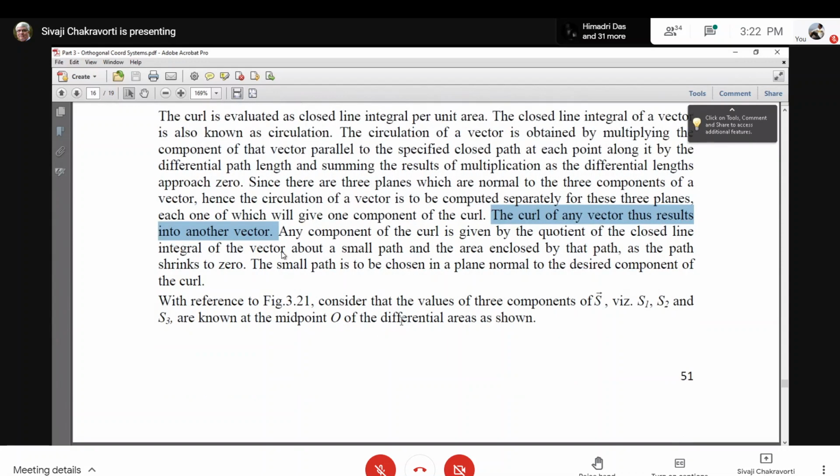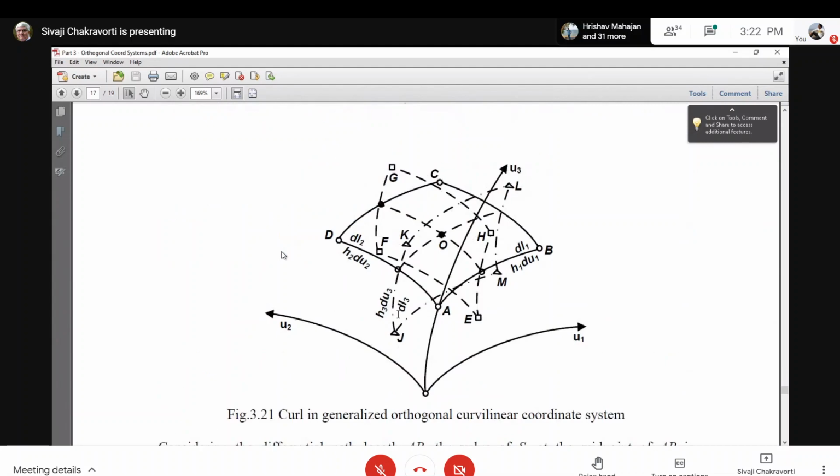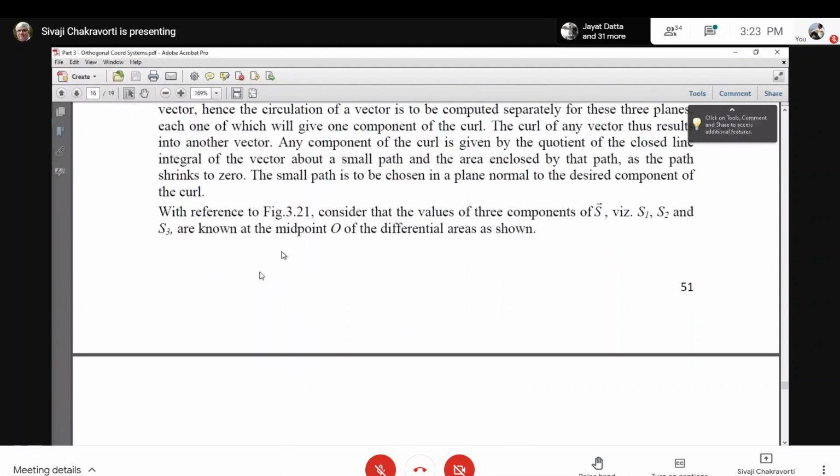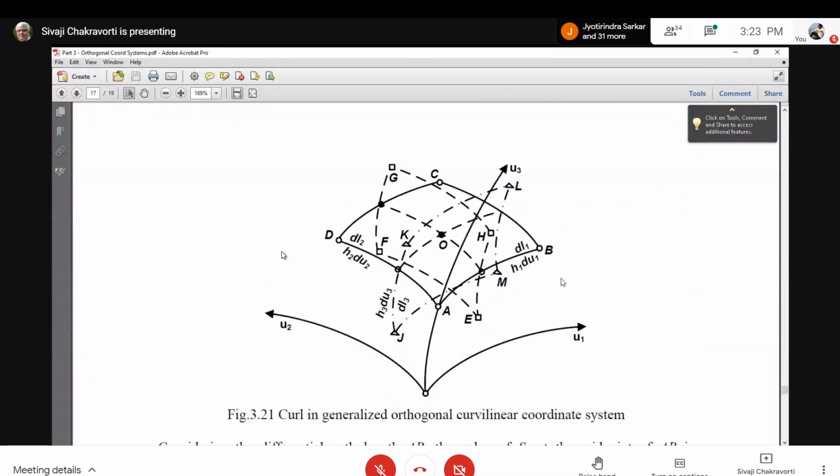So how are we going to do it? Let us do it. Let's look at the figure here. I have three components of S, S1, S2, S3 again. And again we are saying that these are known at the midpoint O of the differential area. Now we are talking about the area, and in this case, what we are taking is the area in the U1, U2 plane.